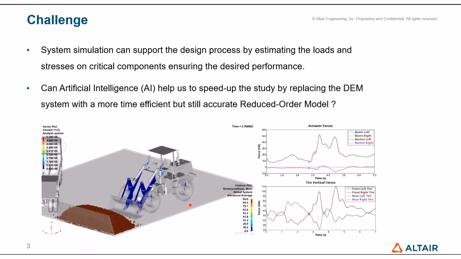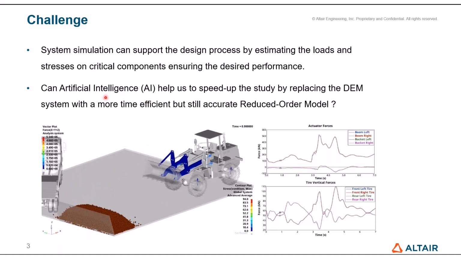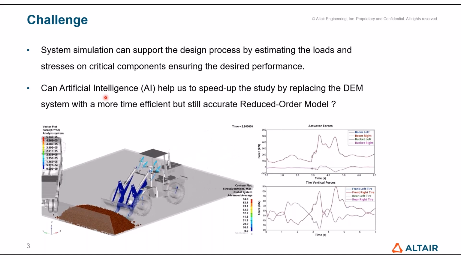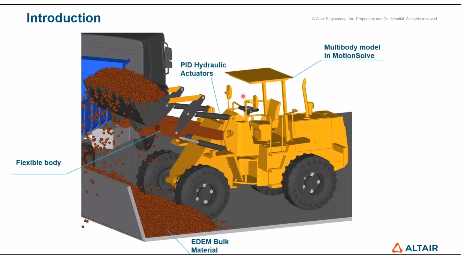DEM is inherently very computationally expensive, but adding another solver, MBD, will make it even more expensive. So the challenge is, how can AI help in speeding up the simulations by replacing this DEM with a reduced order model? This is the example that we'd be looking at today.